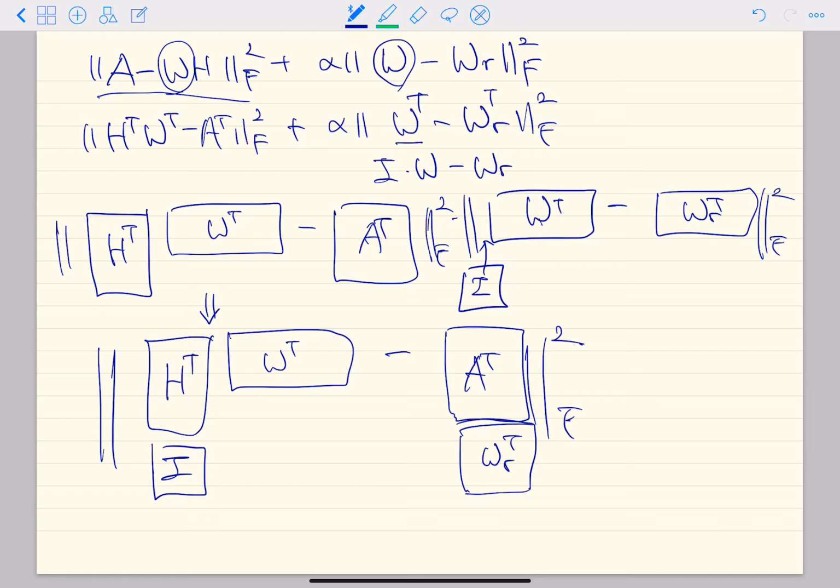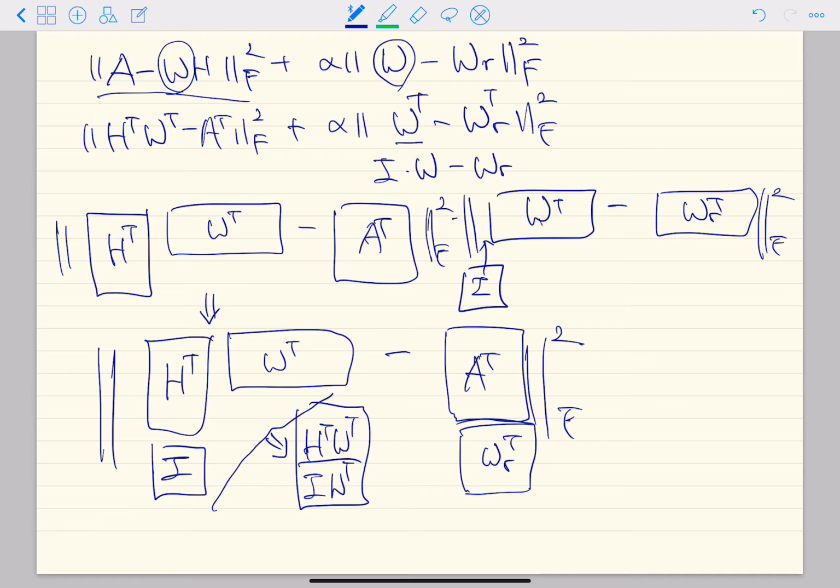Right? So in this case, from the partitioned matrix product perspective, it is H transpose, W transpose, and I and W transpose. So it will have these two parts.